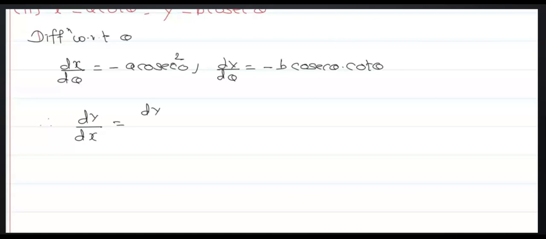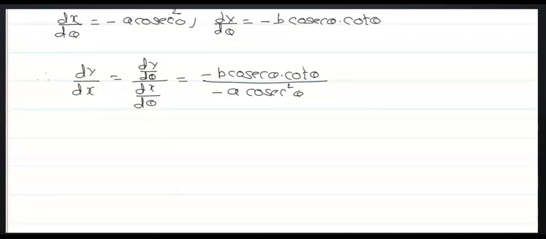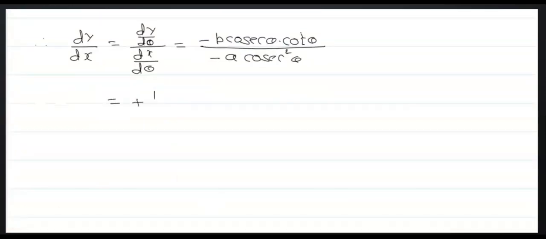Therefore, dy/dx is equal to (dy/d theta) upon (dx/d theta). That is minus b cosec theta into cot theta upon minus a cosec square theta. Minus minus becomes plus, b upon a, cot theta upon cosec theta.